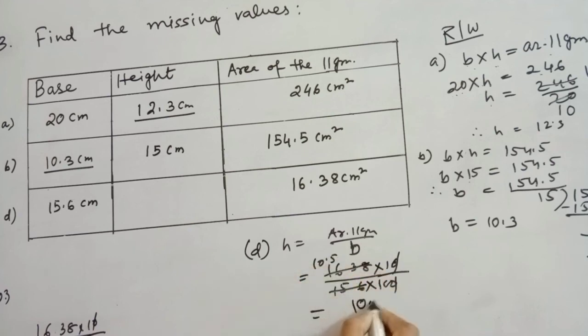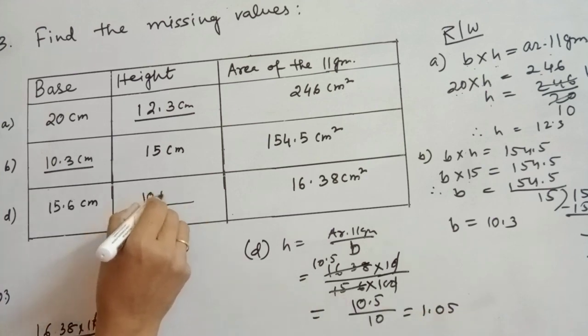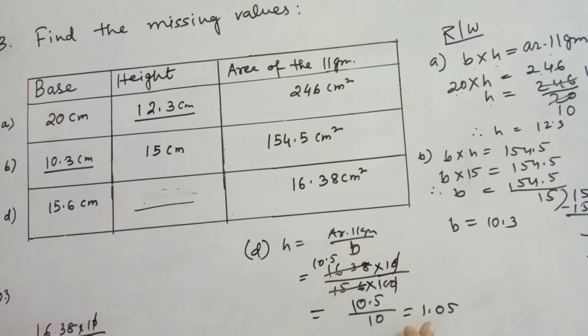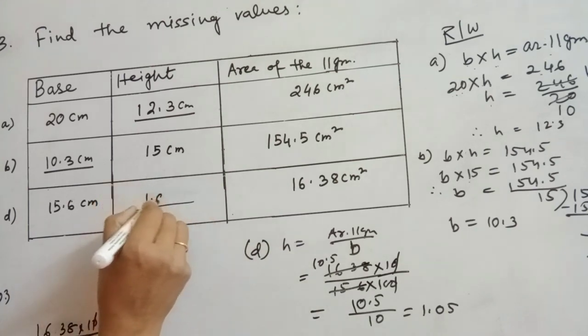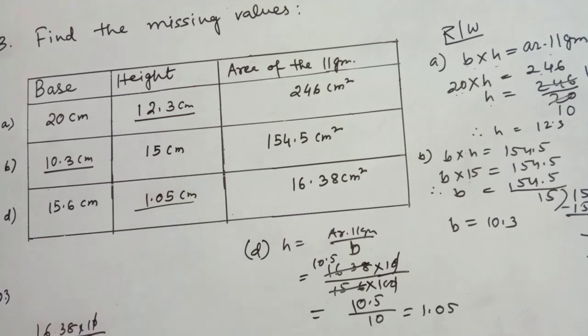So 10.5 by 10, again you are dividing it by 10, so the result will be 1.05 centimeter. Sorry, I said 10.5, but it is 1.05 centimeter. I hope the sum will be easy for you.